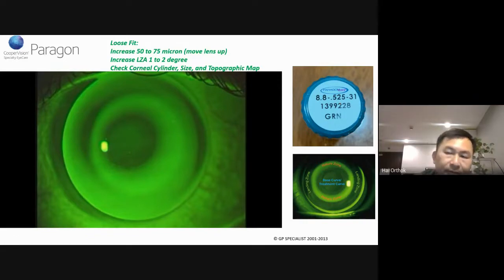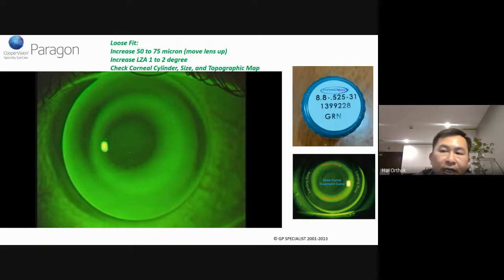And there's another way for the Paragon CRT lens, which is to increase the landing angle by 1 or 2 degrees, to make the tier less tight and move less into the lens.